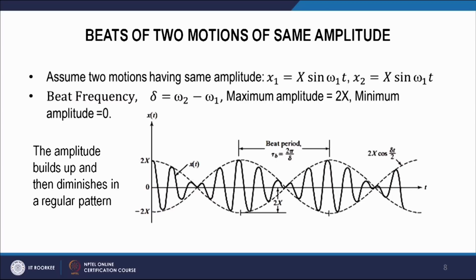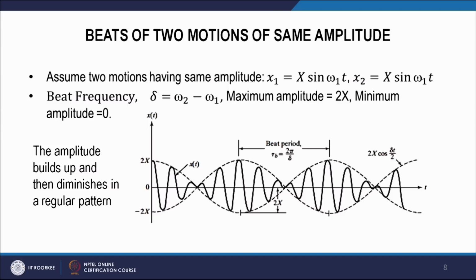So, therefore, the beat time period is half the time period of the cosine curve, or the beat frequency is twice the frequency of the cosine curve, that is 2 times delta by 2, that is equal to delta, and delta is, we assumed, omega 2 minus omega 1, that is the difference between the two frequencies.